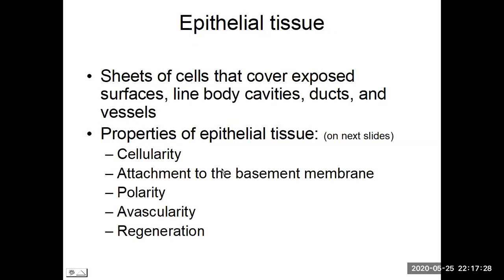So starting with epithelium, we find this tissue connected right at the surface of the body. And these epithelial cells are bonded together. So we have these sheets. You could think of it like a quilt. So a broad sheet of interconnected cells that cover our exposed surfaces.